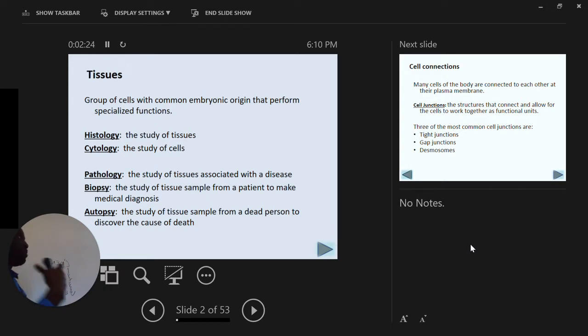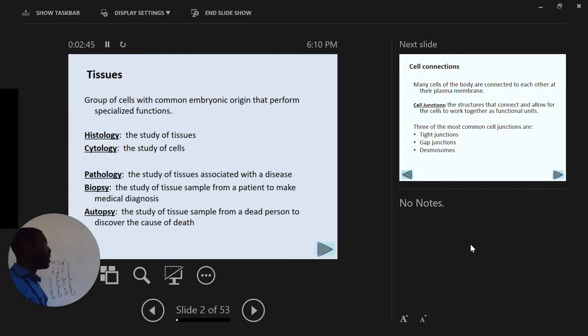All right, now, pathology is the study of tissues that is associated with disease. When you're trying to look at the malfunctions that happen to tissues, that's what we call pathology. Sometimes we talk about histopathology, studying the deviations, the malfunctions that happen to tissues.